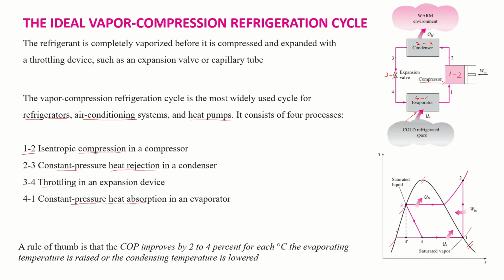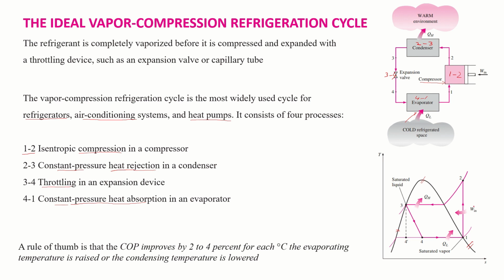So at the entry point of the compressor, the vapors are fully saturated vapor, and when it compresses these vapors, it reaches state 2. So process 1 to 2 is compression of refrigerant vapor.